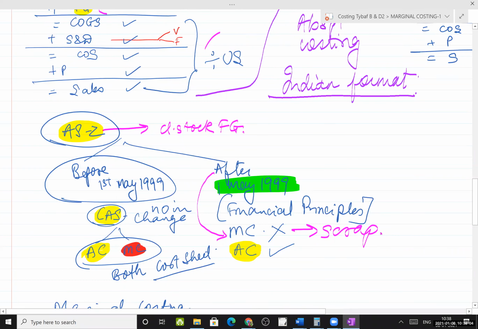This is scrap. So only this one is accepted.